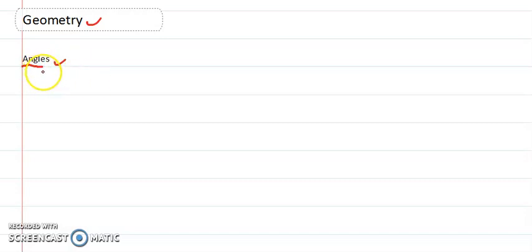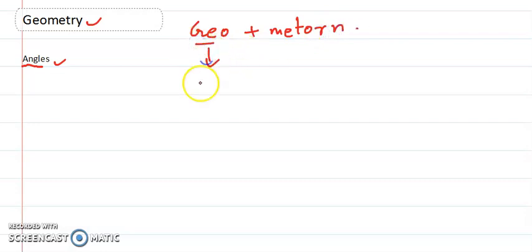Before moving to the definition of angle, I would just like to give you a basic introduction of geometry. Geometry actually is a combination of two Greek words, geo and metron. Geo means earth and metron means measurement.